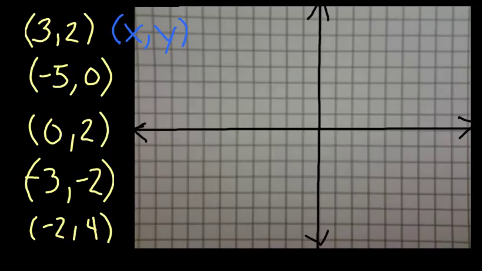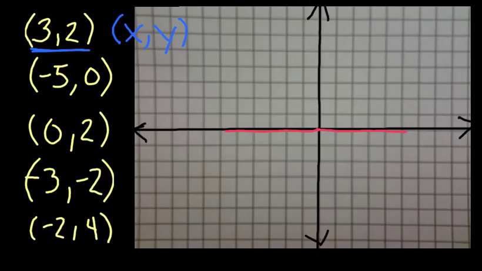Now, in order to graph, or plot is another word for graph, an ordered pair, you always start at the origin. So you go to the origin and you start there. And then you count. Let's graph the first one. We'll go ahead and graph 3, 2. To graph it, you're going to go over to +3, because everything this direction is positive. Everything this direction is negative. And this is 0.